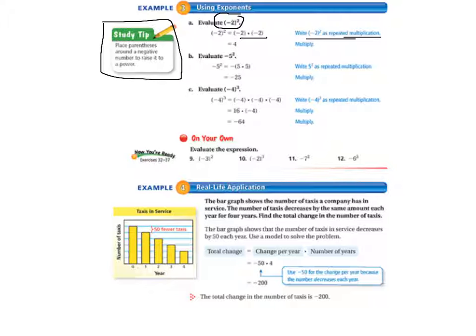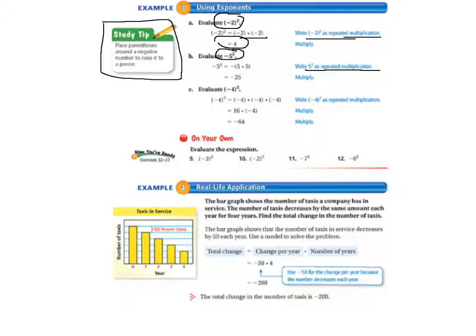So there are two negative signs. So when we multiply it, since there are two negative signs, we have a positive at the end. So 2 times 2 is 4, which gives us a positive 4. Now let's look at letter B. We're asked to evaluate negative 5 to the second power, and there is no parentheses around the 5.